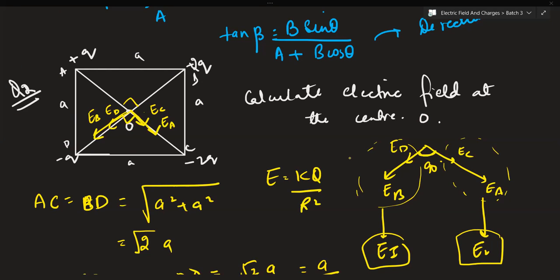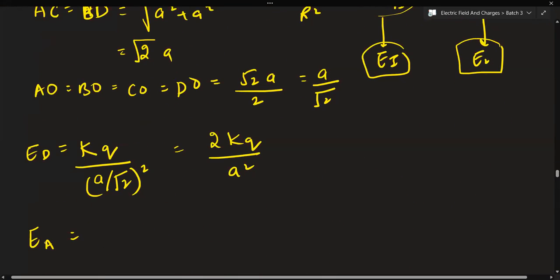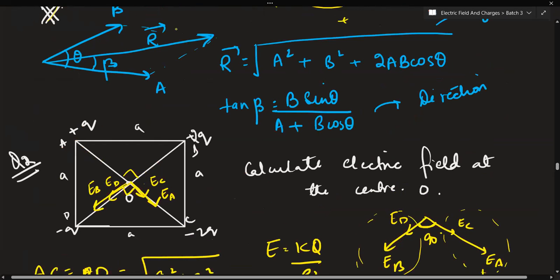In this case, we are calculating EB, not EA. What is the charge at point B? It will be K times 2Q upon A by root 2 whole square.